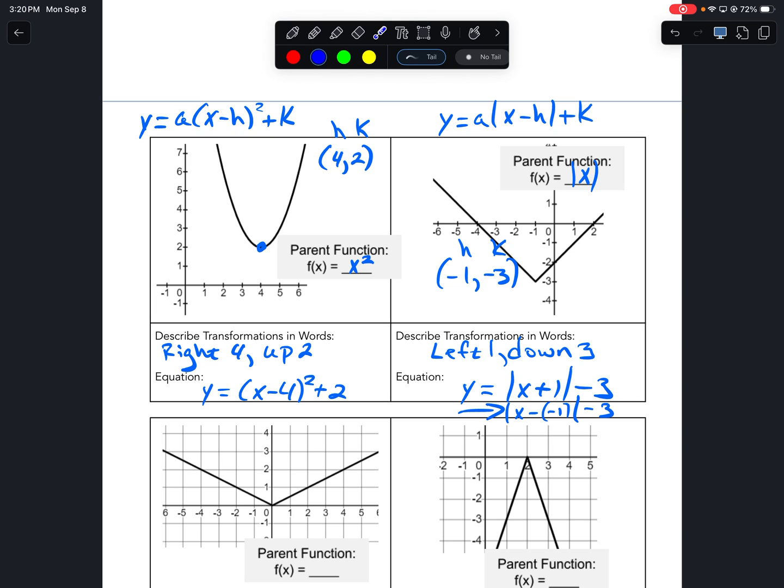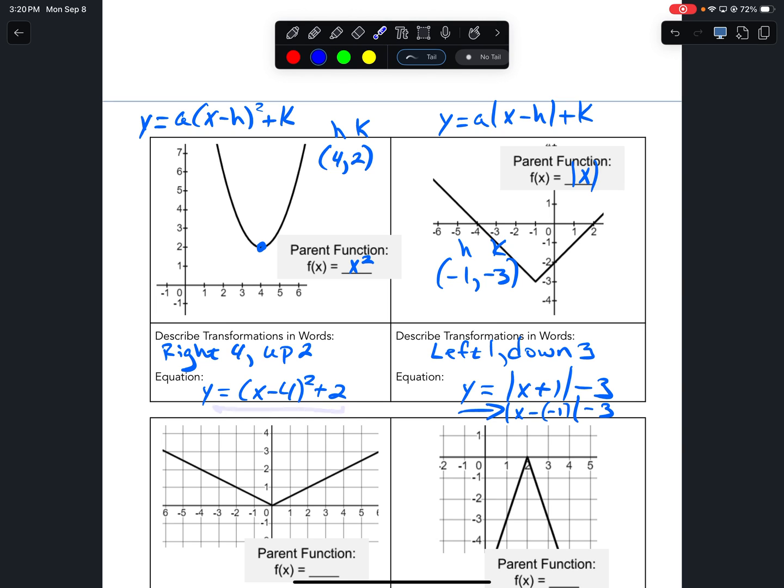Burrell, question. In the top left, you have the equation. What is the A? A tells you if the graph is stretched skinny or if it's wider. It could be upside down as well, right? Why is it in the answer below us, y equals 1 times x minus 2?